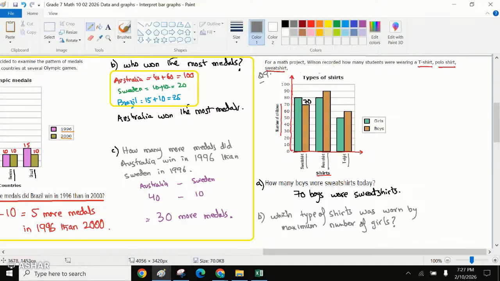Okay. What we are doing is we are looking at bar graphs. We have bars in it and we're trying to assess information through it, right?